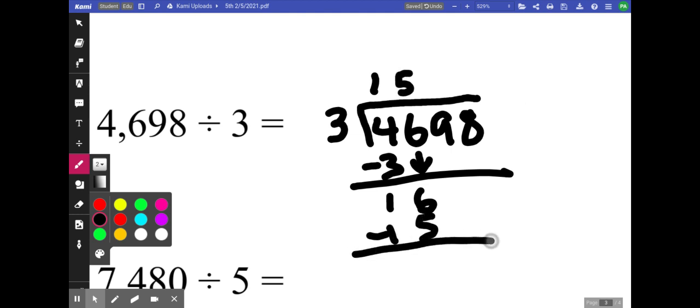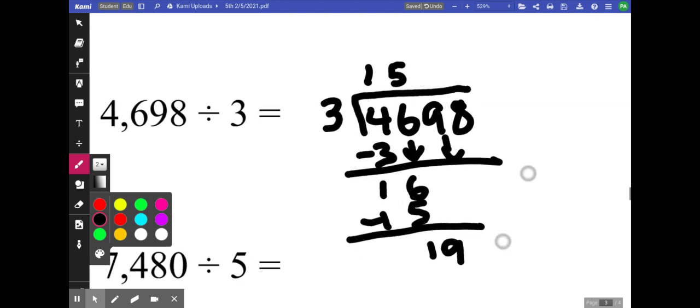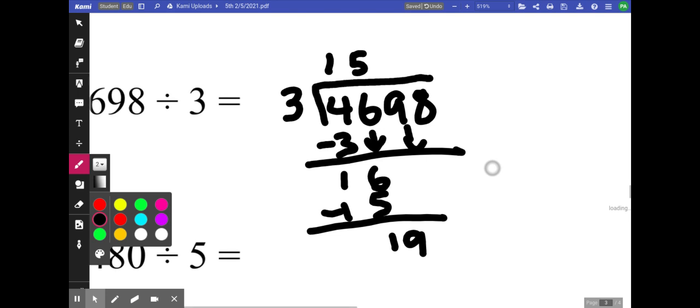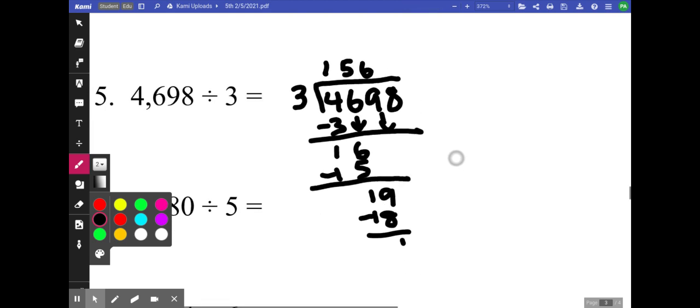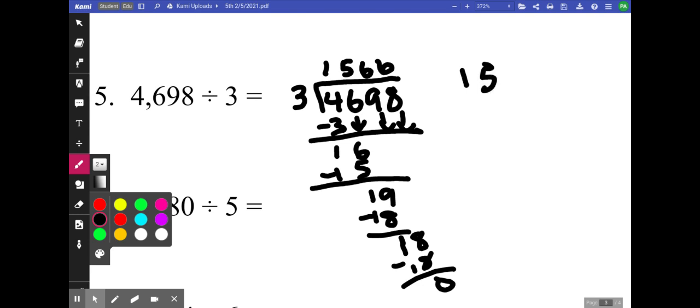You minus that. 1. Bring 9 all the way down. 3 goes into 19 6 times. 6 times 3 is 18. You're going to bring the 8 down again. And then 3 times 6 once again is 18. Minus 18, you get a 0. So your answer is 1,566.